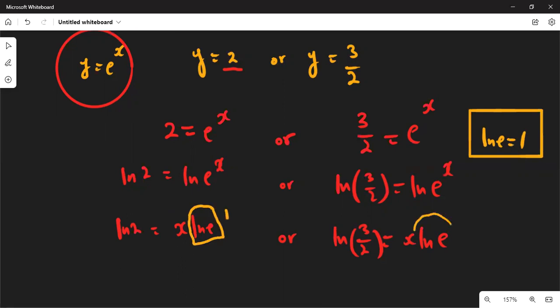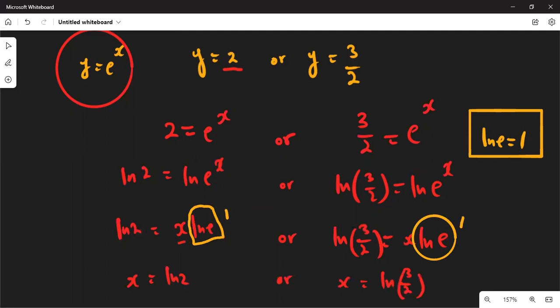Also here, we can substitute again with a 1. So making this substitution of 1, we shall just be left with x. So our answer is going to be ln 2. Or here we are just left with x, and our answer is going to be ln 3/2.